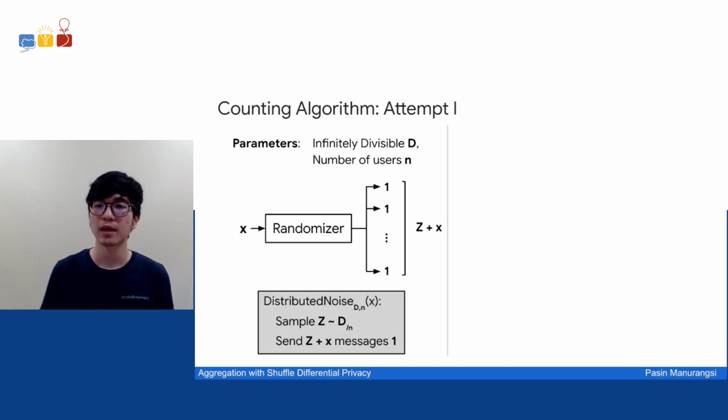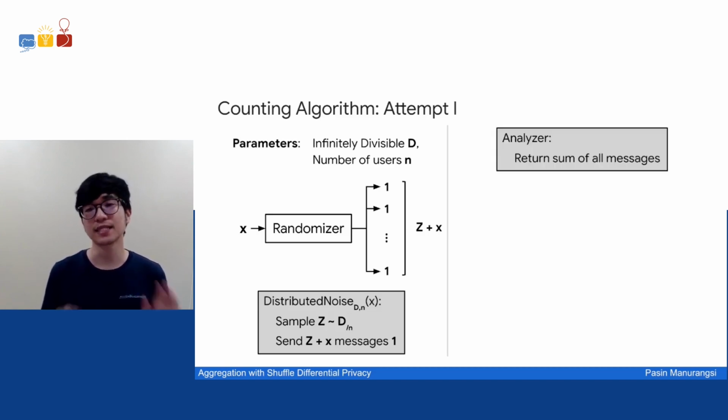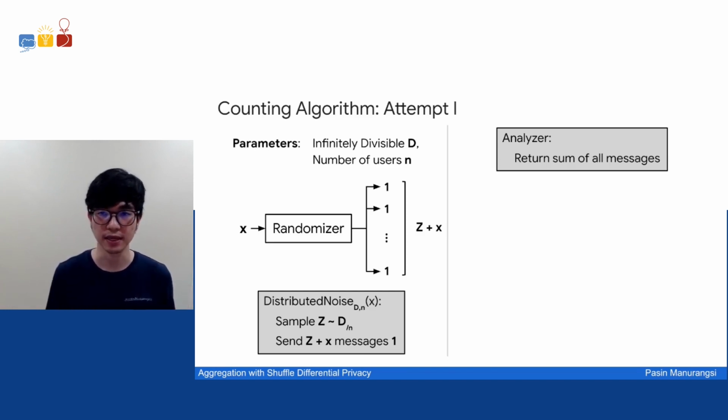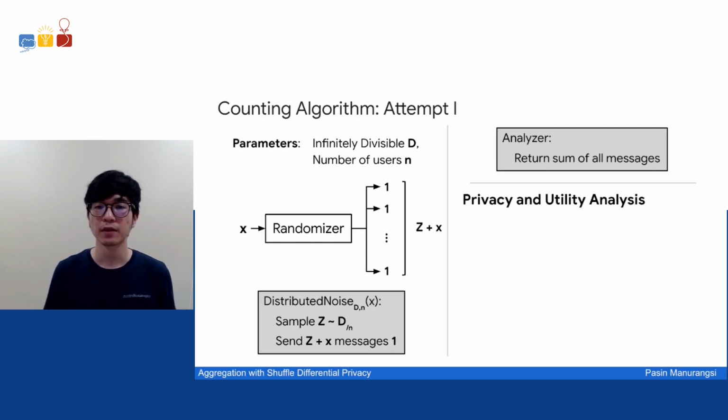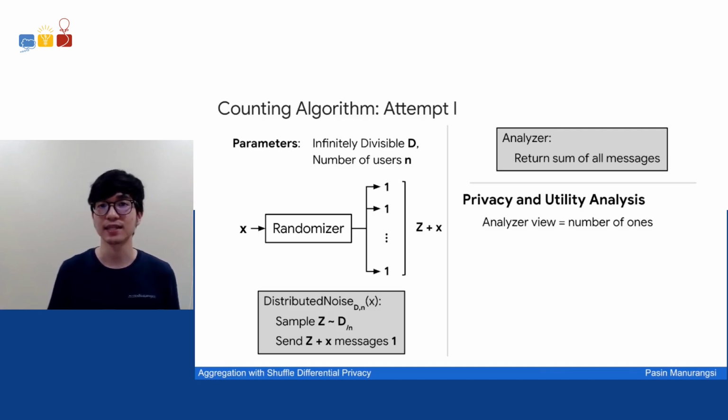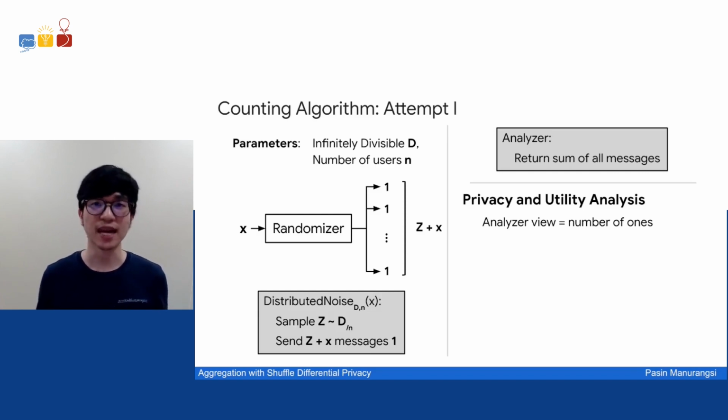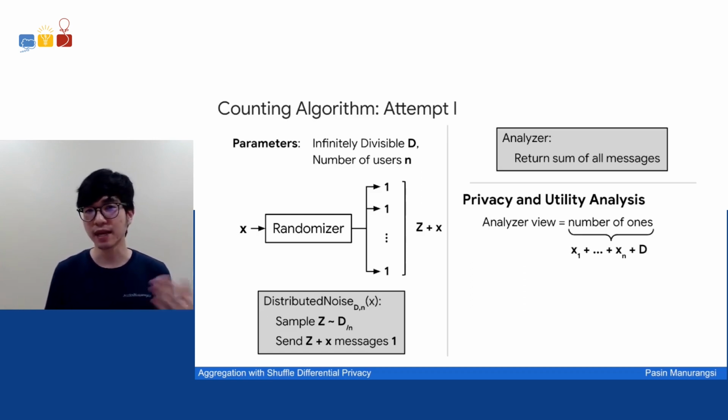Okay? And what does the analyzer do? The analyzer again just returns the sum of all messages. Or in this case, since all messages are 1, you just return the count. They are equivalent. Okay, so why is this good for us? Let's think about what exactly the analyzer sees. Since all the messages are the same, the analyzer only sees the number of ones that it gets, right? Because everything got completely shuffled. And what is the number of ones it gets?